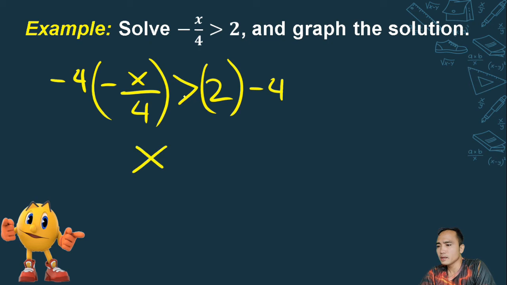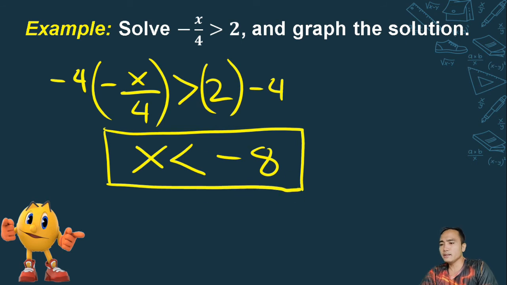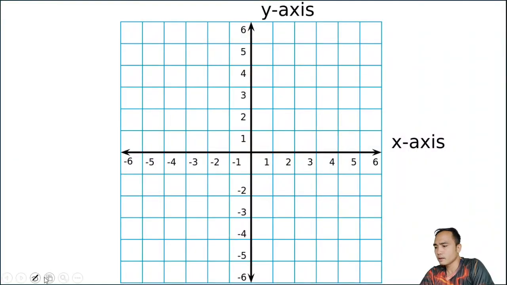And from greater than going to less than, because we have a negative sign on our variable x. Next, 2 times negative 4 is negative 8. So our solution is x less than negative 8.